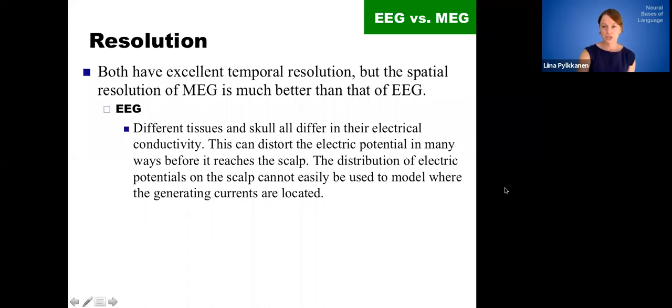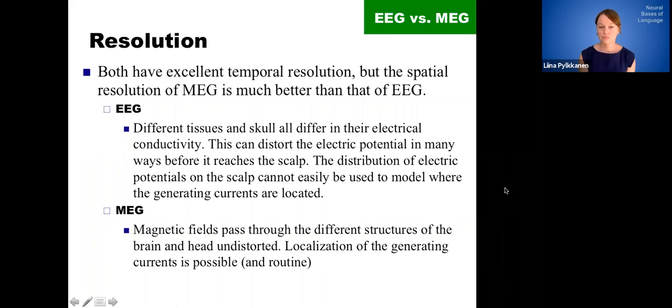However, for MEG, the magnetic fields pass through the different structures of the brain and your head undistorted. So there's not this conductivity issue. And for that reason, localization of the underlying currents, so the actual location of the brain activity, is much more straightforward and in fact a routine part of MEG data analysis.